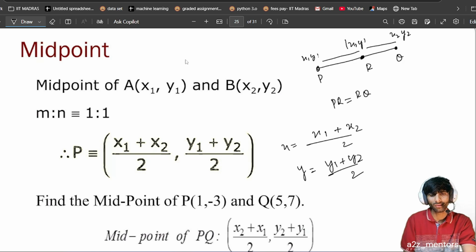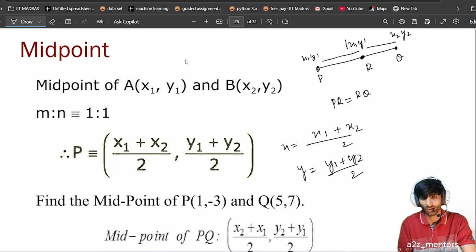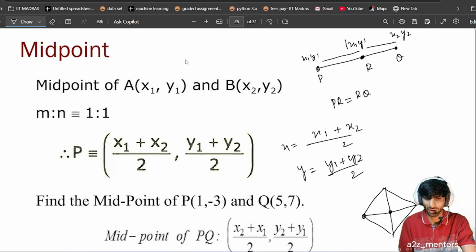So how can you use these things? If you want to get the length of this thing, you know these points, so you can directly get the value using the midpoint formula.